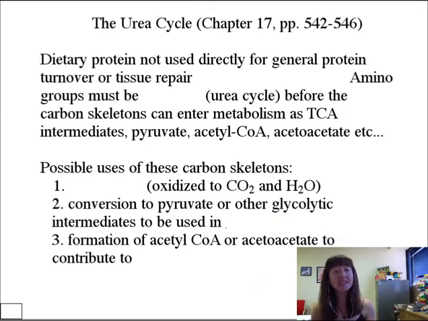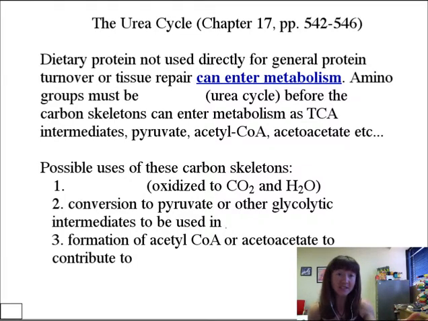So in excess, dietary protein has to be detoxified, and it has to be deaminated, so that whatever is left in terms of the protein skeleton can enter into metabolism in a variety of ways, whether it be catabolism or some other modes that we'll talk about in a moment.